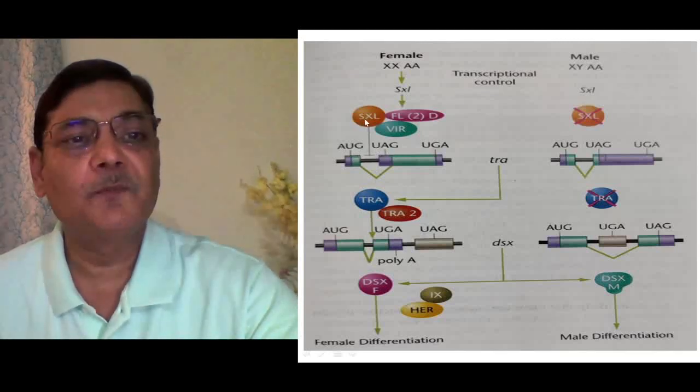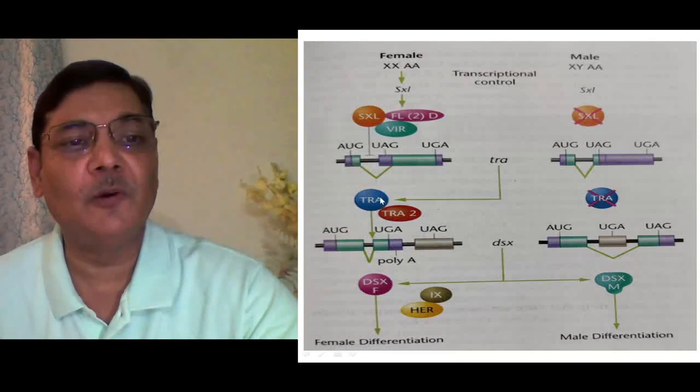But what happens? The pre-mRNA processing occurs in such a way that the second exon, which contains the terminator codon, is removed. So if it is removed, then in that situation, the TRA protein is formed. The TRA protein is available.